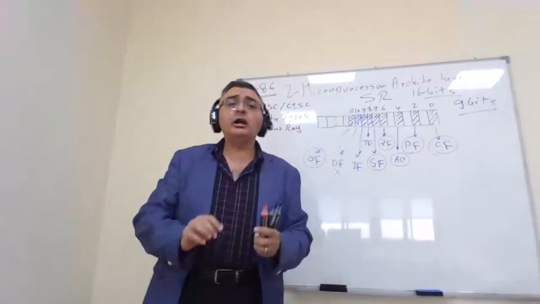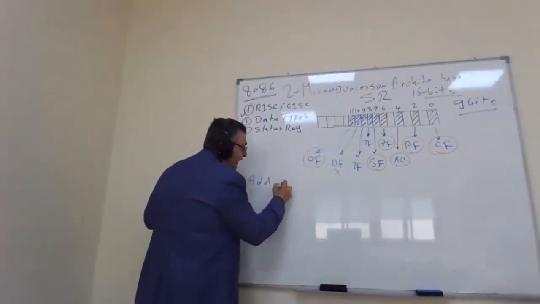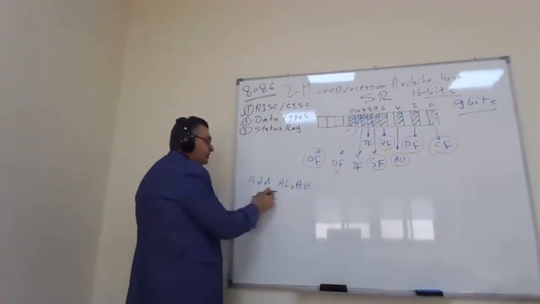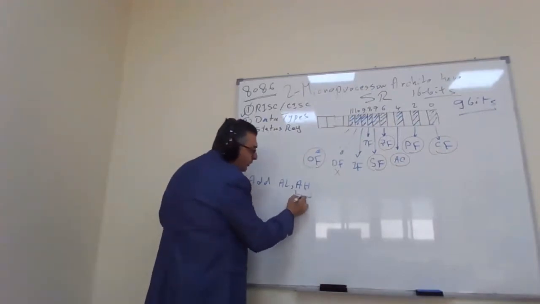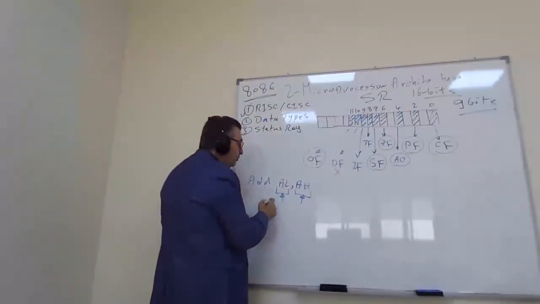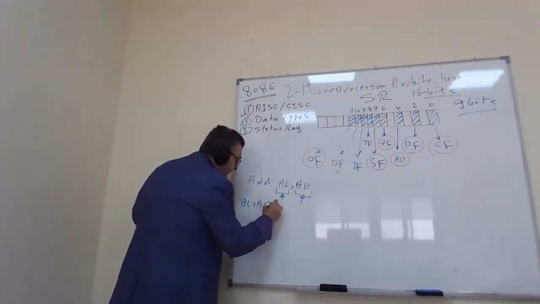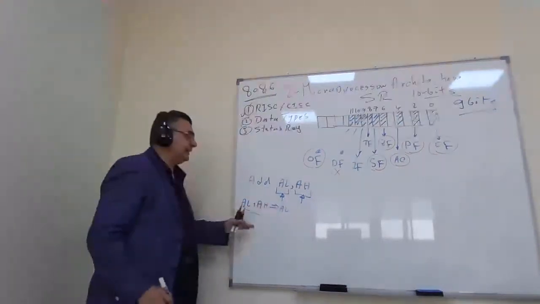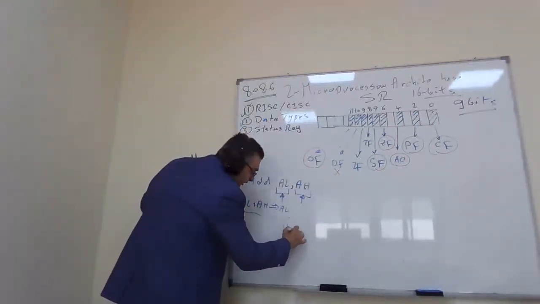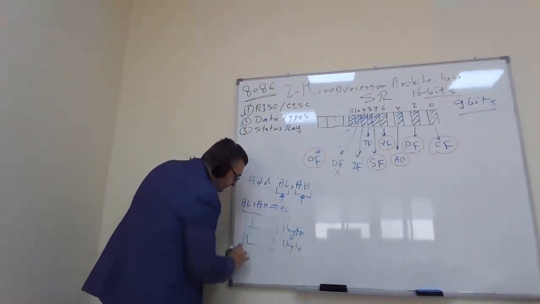Assume you are using this instruction, add AL, AH. This instruction adds the 1-byte register AH to the 1-byte register AL, and we put the result back into AL. I don't care about all of this now. It is 1 byte addition, 1 byte by 1 byte.